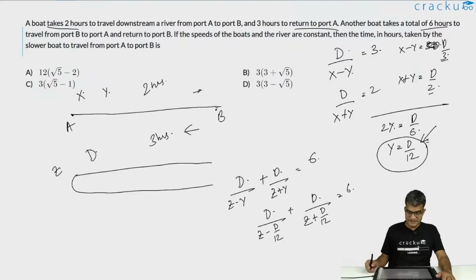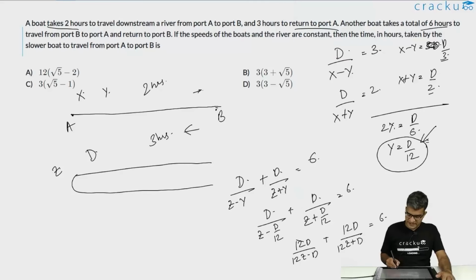We can simplify this. What we get is 12d divided by (12z minus d) plus 12d divided by (12z plus d) is equal to 6.